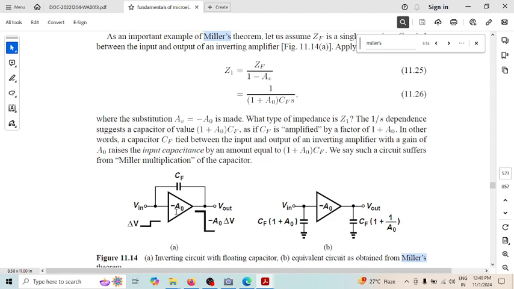In our case, it is minus GM into RD. At the input side, you are replacing it by CGD into 1 plus AV, and at the output side CGD into 1 plus 1 over AV. A0 is the actual gain of the amplifier. Of course, it is minus A0, but you are writing just the magnitude.